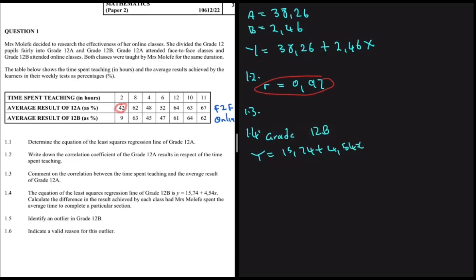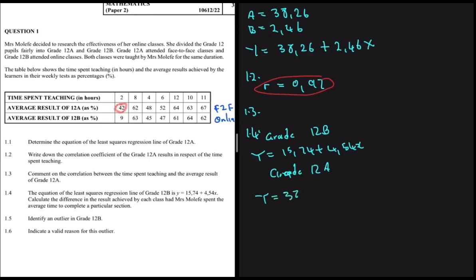And then the question says let's calculate the difference in the result achieved by each class had Miss Molife spent the average time to complete a particular section. So now for grade 12A, let's just copy down the equation before we can go any further.